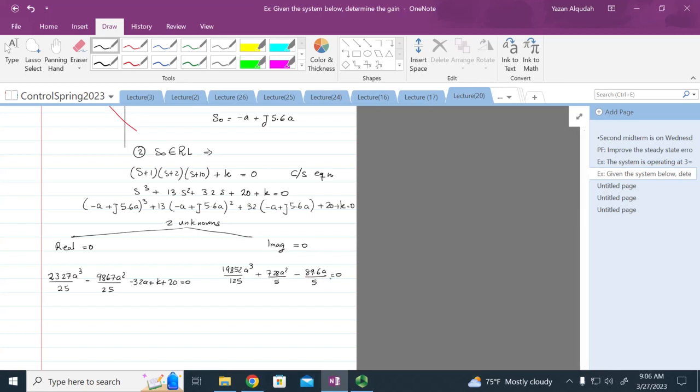What do we do next? We're going to solve this equation. It's going to give me how many values of a? It's going to give me 3 values. A equal to a 0, a equal to negative 1.6, and it's going to give me a equal to 0.698.